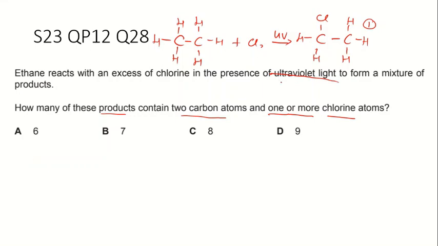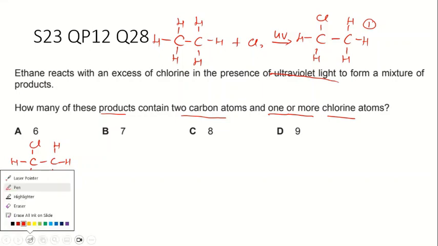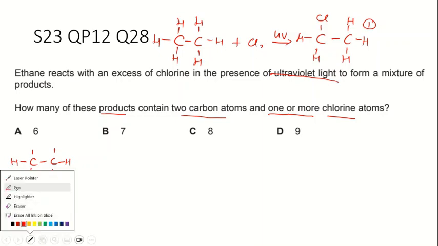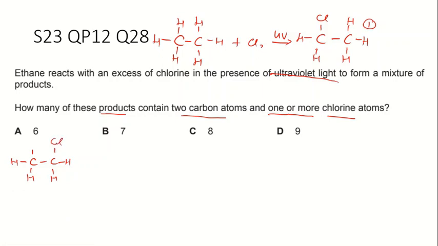Now the chlorine can be bonded to any of the carbon. The one that I drew is bonded to the first carbon. Now let's say I erase this chlorine and let it be bonded to the carbon on the right hand side, and I put H here.